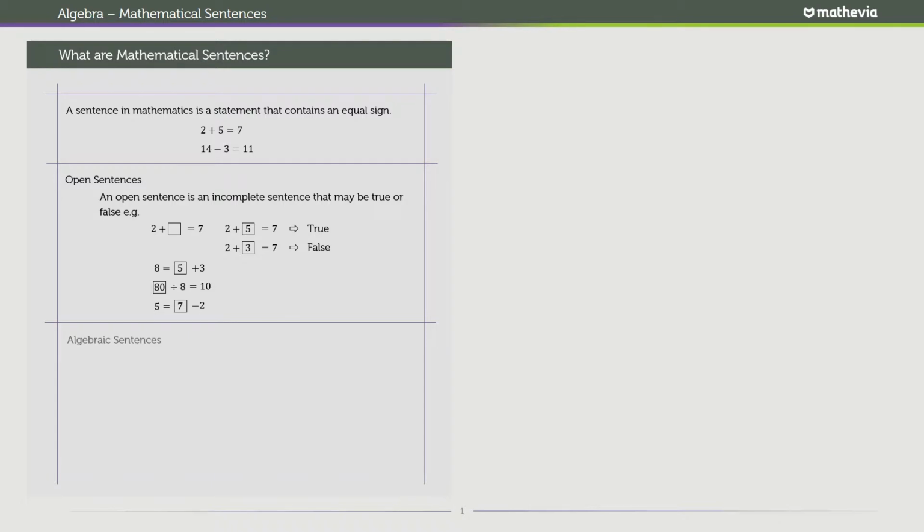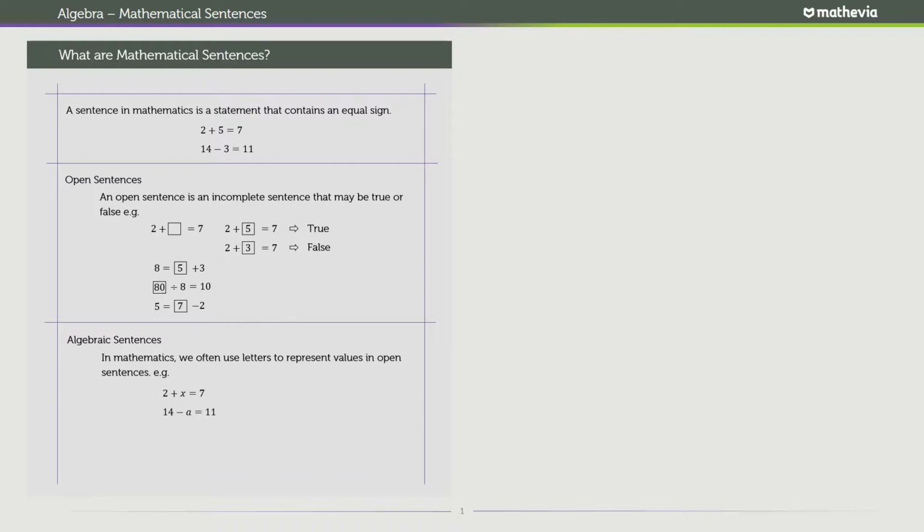Now, let's talk about another form of sentences: algebraic sentences. Actually, very simple. In mathematics, we often use letters to represent values in open sentences. So as opposed to using a box, we make use of a letter.